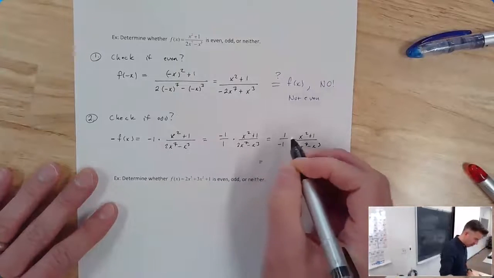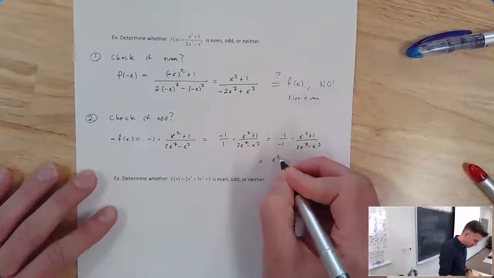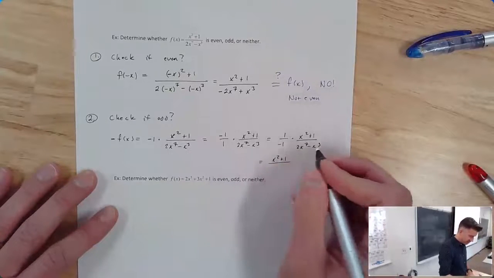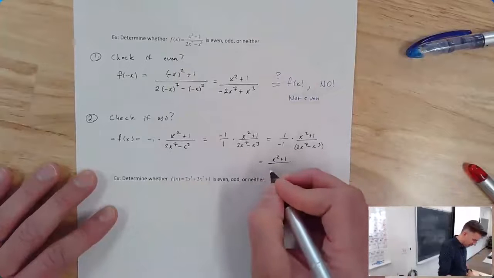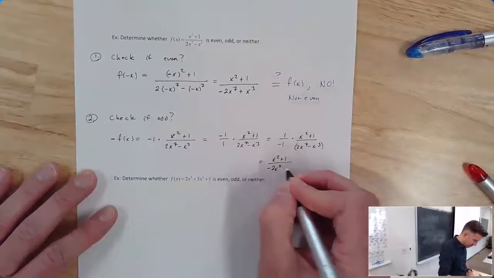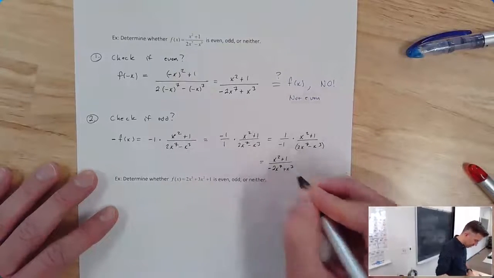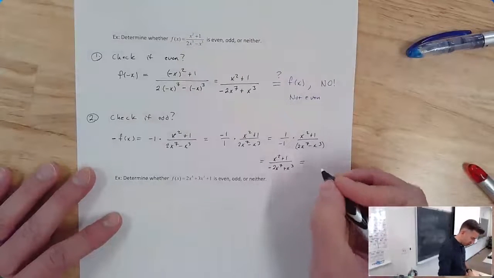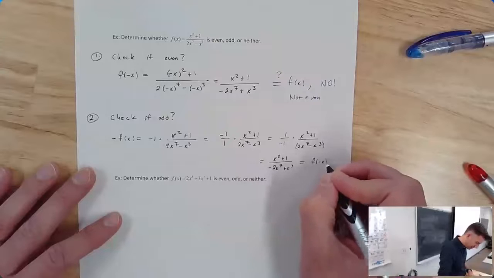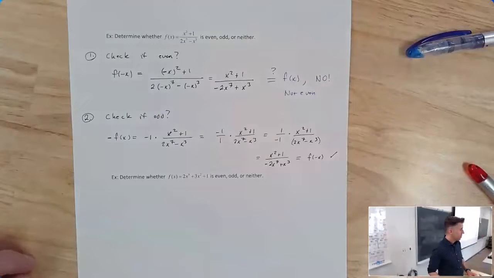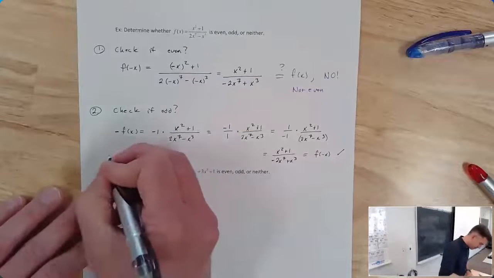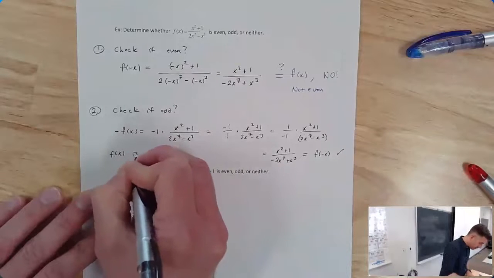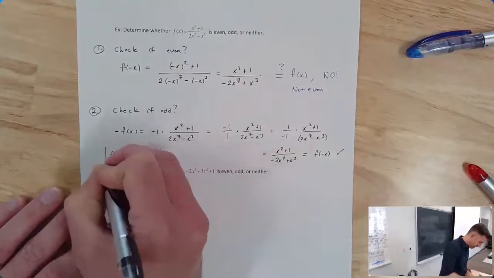The top, 1 times anything is just what you've got. And -1 times all this stuff, we distribute, and we get -2x to the 7th plus x cubed. And that checks out. That is the same as that. That is equal to f of negative x. So it is odd. But if it wasn't, we would say it's neither.